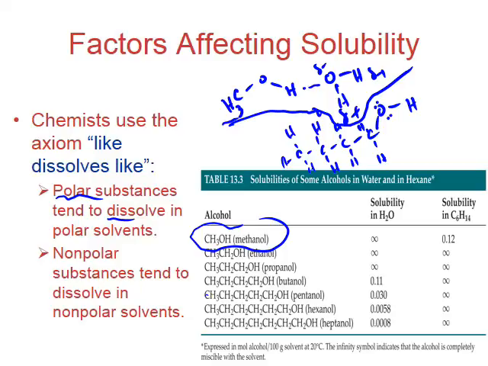Why? This part of the molecule is not attracted towards water. This is hydrophobic. That means water does not like it, because remember I said like dissolves like, that part doesn't have any polarity or doesn't give hydrogen bonding.